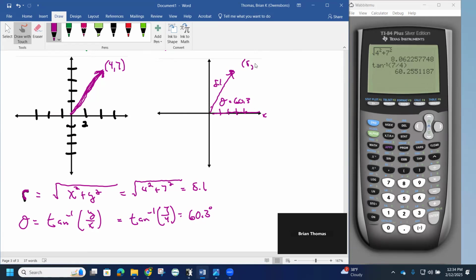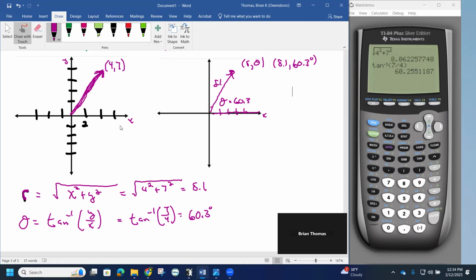One is knowing its magnitude and its angle. In this case, 8.1 is the magnitude and the angle is 60.3 degrees. The other way is just to plot the ordered pair on the x and y axis, and that creates the location that way. So we have two different coordinate systems.